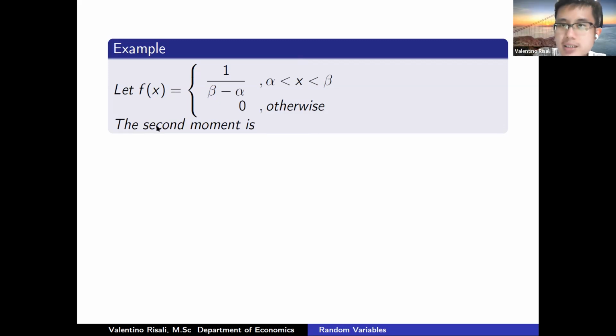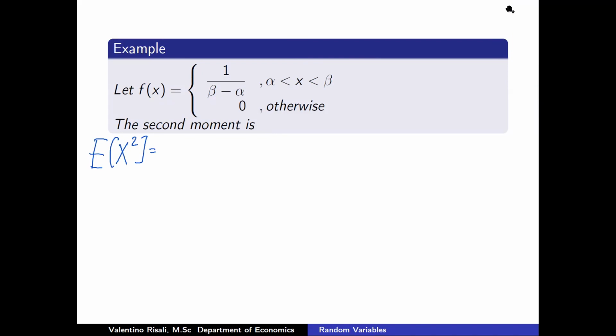Okay, what is the expression of the second moment? The second moment is E[x squared]. Is it continuous or discrete? Continuous. Okay.